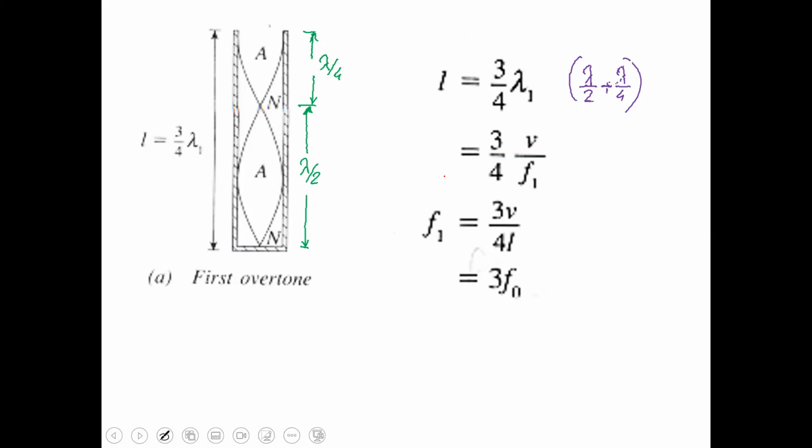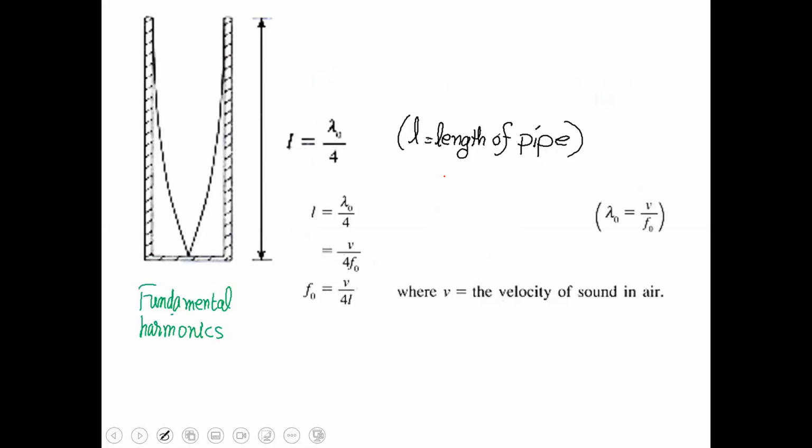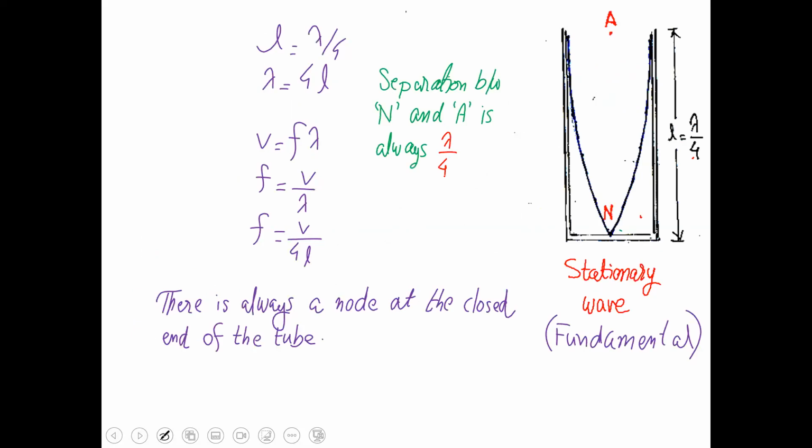Node to node lambda by 2, and node to antinode is lambda by 4. So lambda upon 2 plus lambda upon 4 will be equal to the length. Now you have to remember this very important concept. You have to copy this also in your notes.